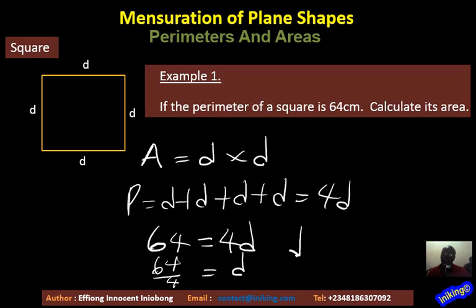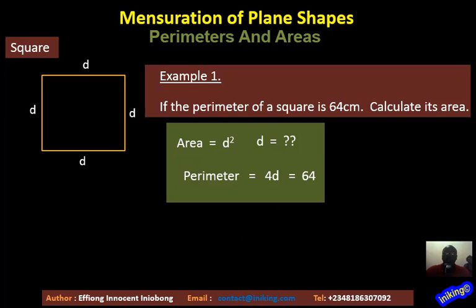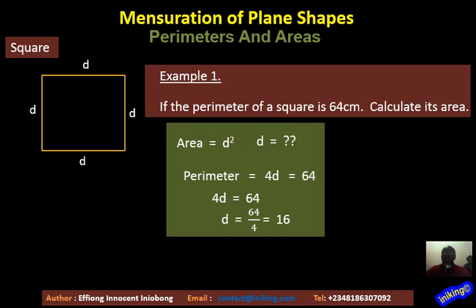And that means our D is 16. And that will enable us to find the area, which is going to be 16 times 16. Let's write this out. The area is supposed to be D squared, but we do not have that information. Yet we are told that the perimeter is 64 and perimeter is 4D. From there, we obtain our D as 16.